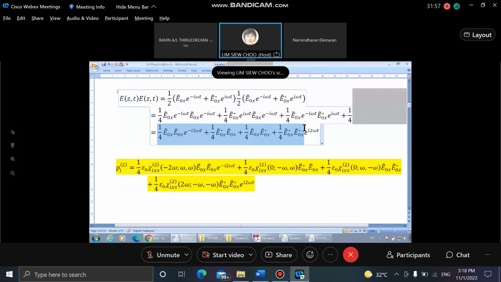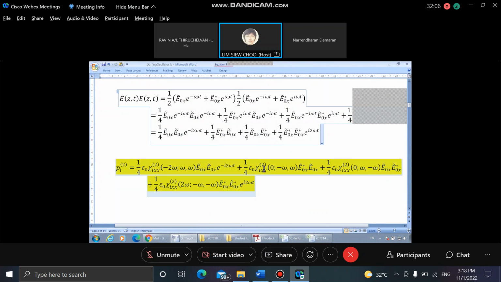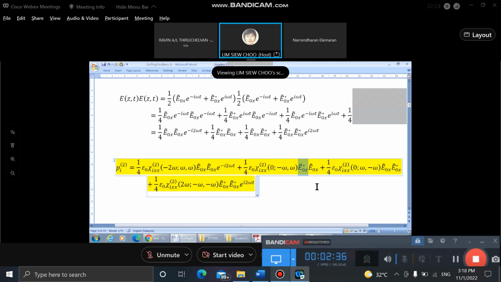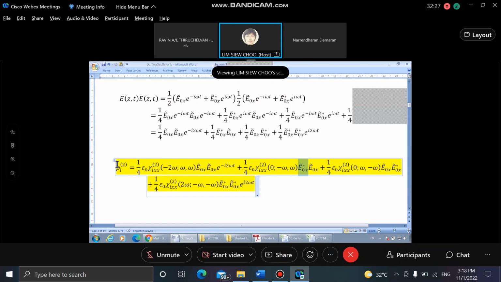Chi2 follows the convention for how to write the arguments of omega. This one got 0, you see? 0, minus omega, omega. Minus omega is because the field is conjugate. Positive omega is because the field is complex. This is a complex field. This is the conjugate of the complex field. When you see the P and you want to relate it to the E field, you must have the chi. All right.